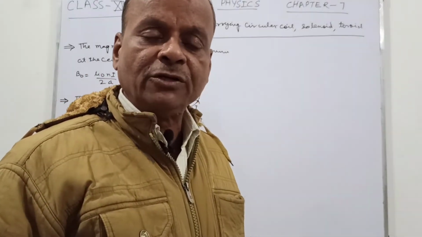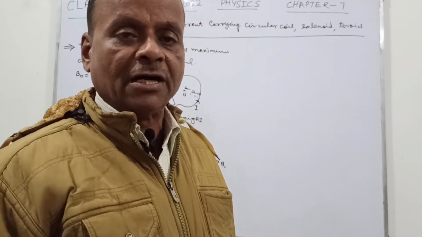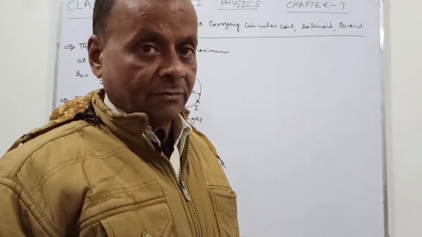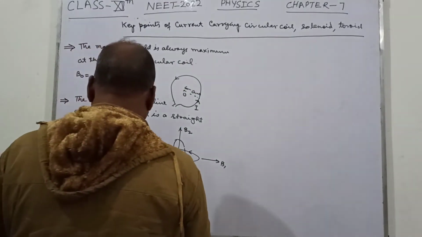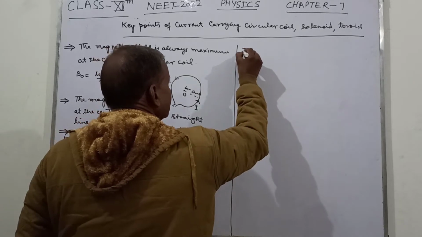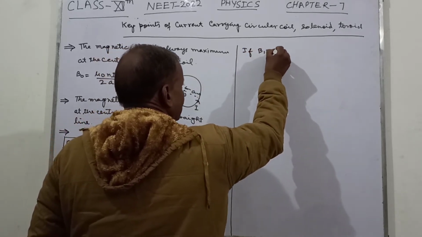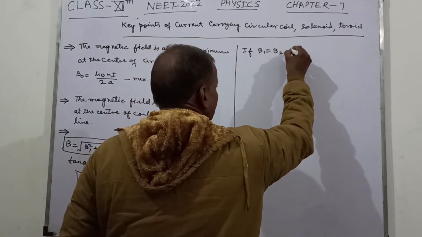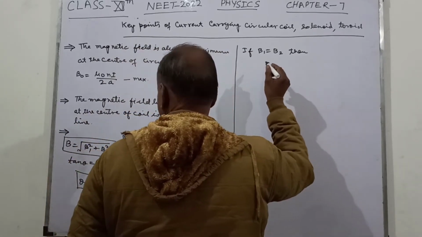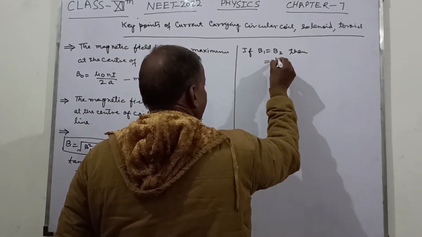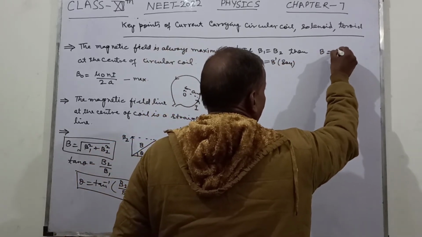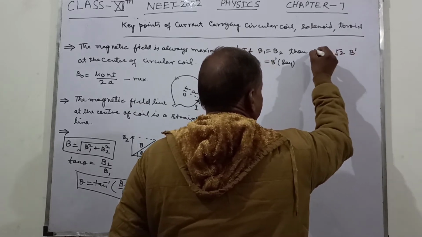Suppose B1 and B2 are equal. It means that both the coils are of the same radius and carrying the same current and they are concentric. If B1 is equal to B2, let us assume this is equal to B dash, then this B is equal to root 2 B dash.